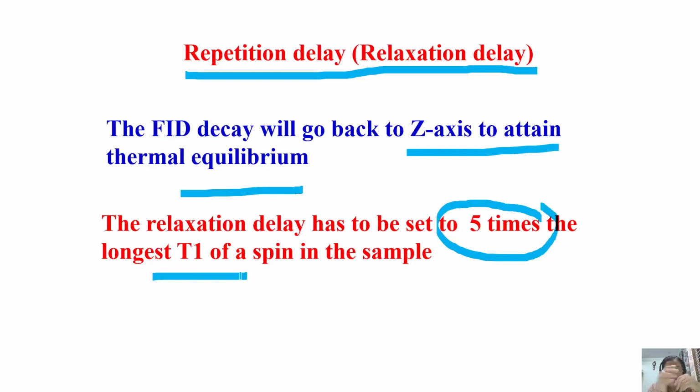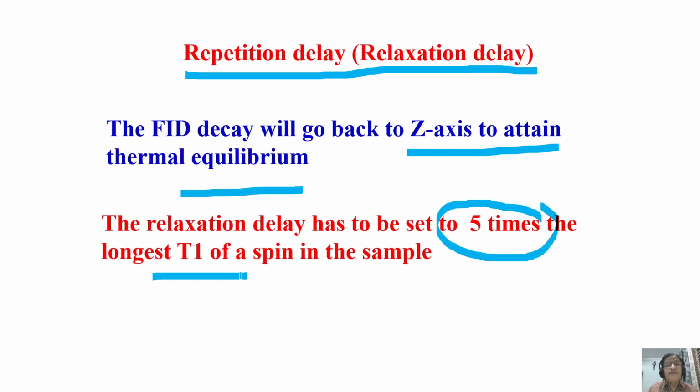Why? Because remember, when I explained to you about decay and growth of the magnetization, I gave you an equation. The magnetization Mz coming back to the z-axis is equal to M0 into 1 minus e to the power of minus t by T1. So it is an exponential function.